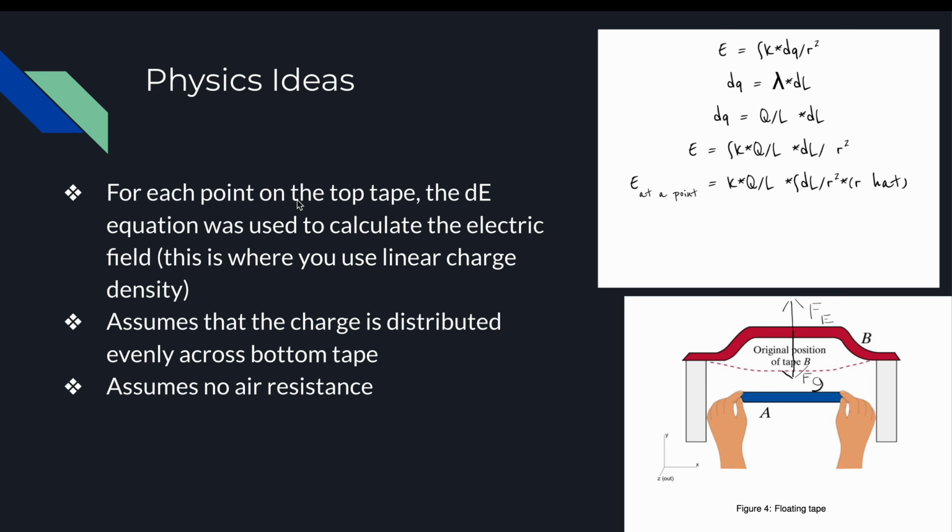This assumes that the charge is distributed evenly across the bottom tape, and we also assume that there's no air resistance. Then, for each point on the top tape, the dE equation was used to calculate the electric field. This is where you use linear charge density, which is lambda.